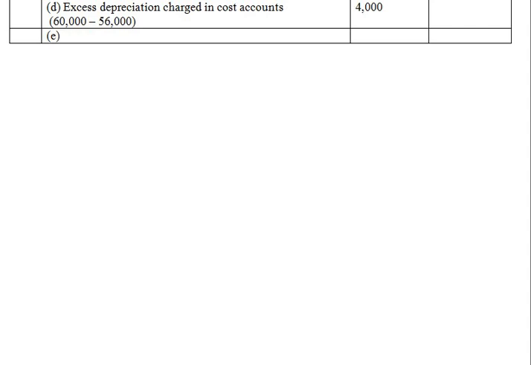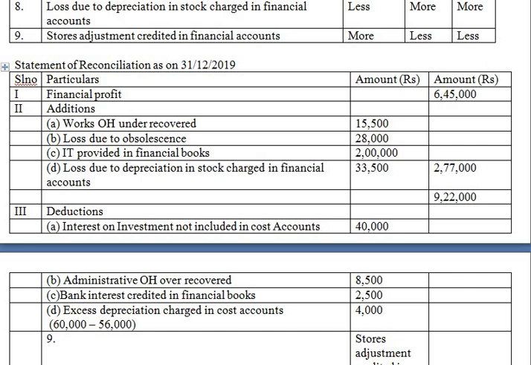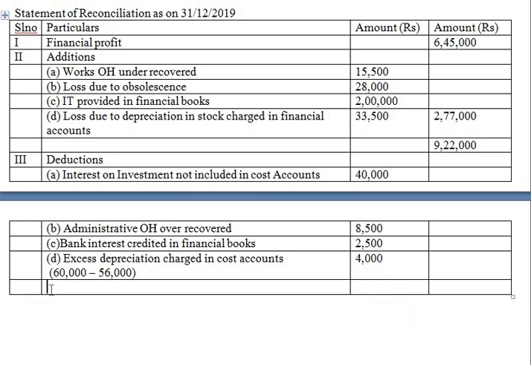Next, stores adjustment credited in financial accounts, and the amount is 2,400.